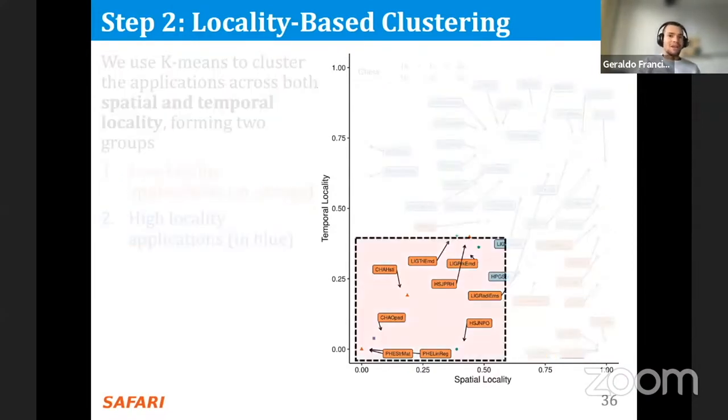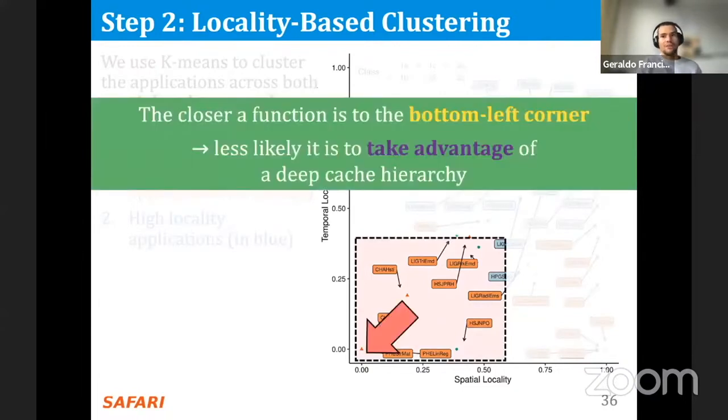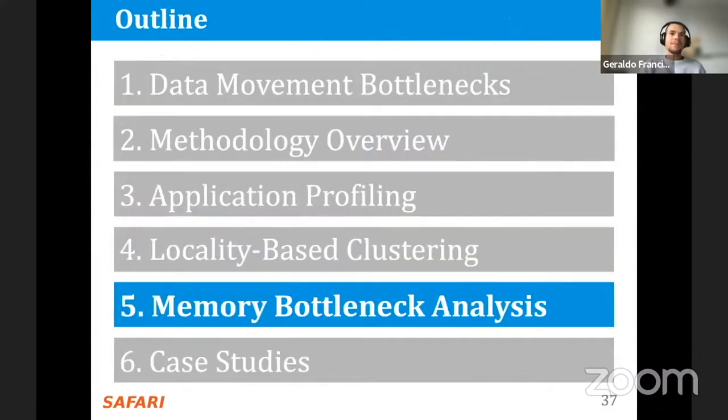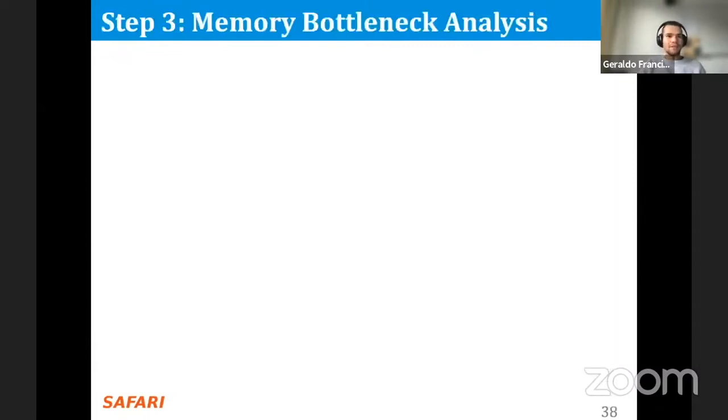The closer a benchmark is to the bottom left corner of the plot, in other words, the lower the temporal and spatial locality it displays, the less likely that application can take advantage of a deep cache hierarchy. With this cluster in mind, we conduct our bottleneck analysis.